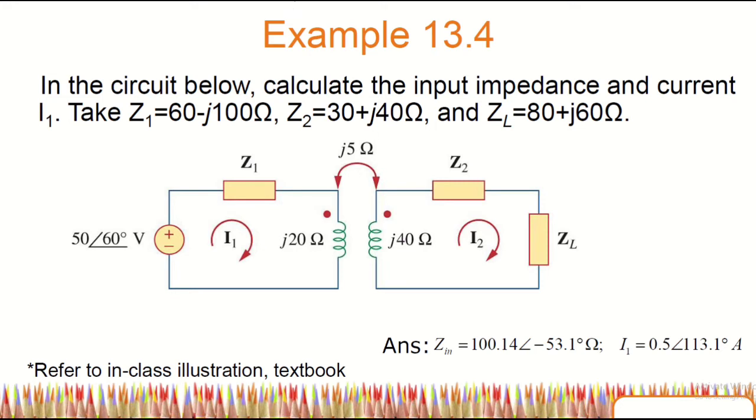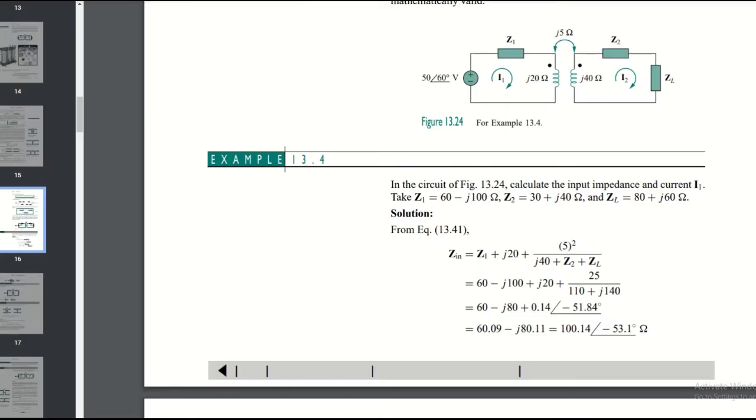Okay, so let's look into the answer for this example. So this is the answer for the example 13.4. If you look at this, they just use the formula that I already gave to you, Z in, where Z in is R1 plus JWL1 plus W square M square divided by R2 plus JWL2 plus ZL.